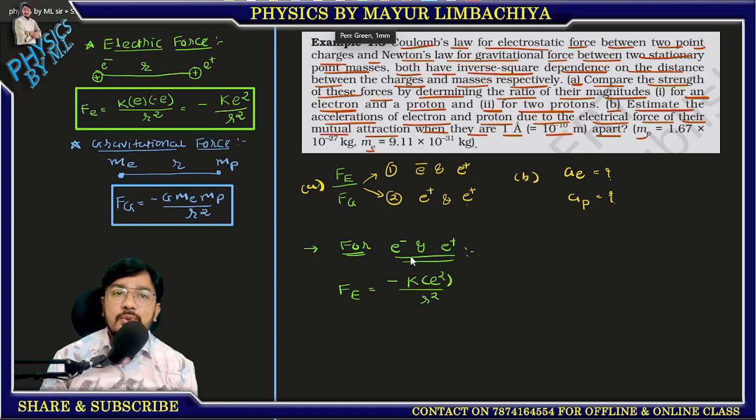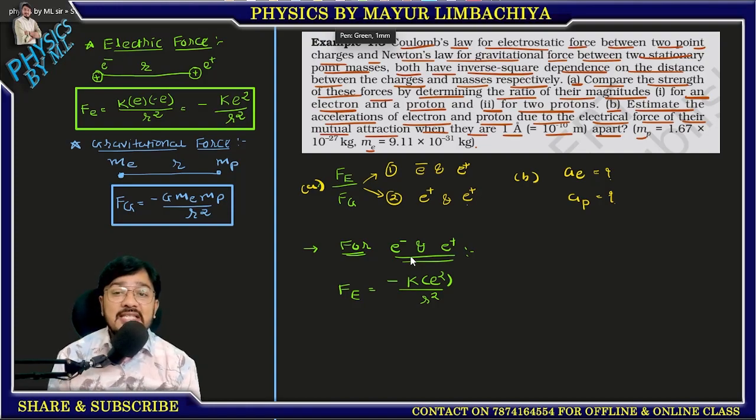Why is this so? Because when there are two charges, if they are opposite in nature, then an attractive force will be exerted between them, and that attractive force has a negative sign. It means attractive force will be represented by a negative sign, and repulsive force will be represented by a positive sign.